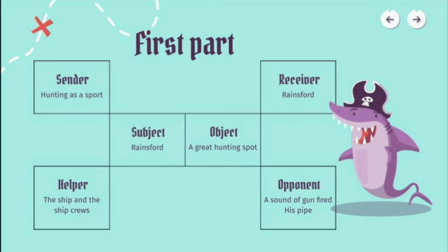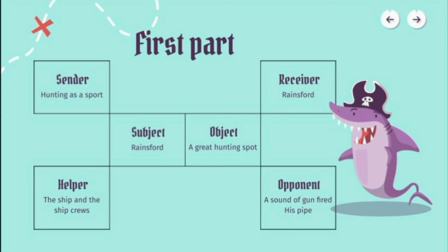In this event, the helpers are the ship and the ship crews, which can help him to get into the object. If Rainsford is successful in finding the spot, the one who will receive the benefit is himself, because it is his hobby and he will get happiness and satisfaction if he can hunt.